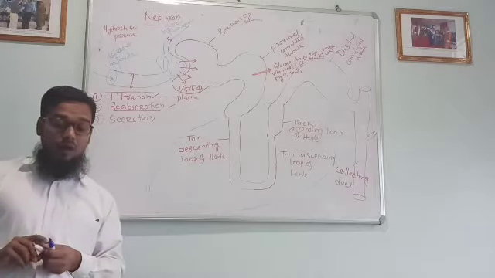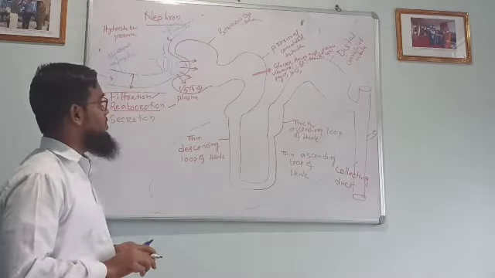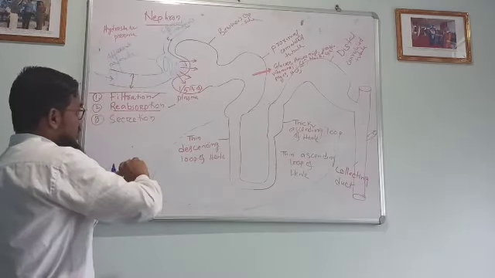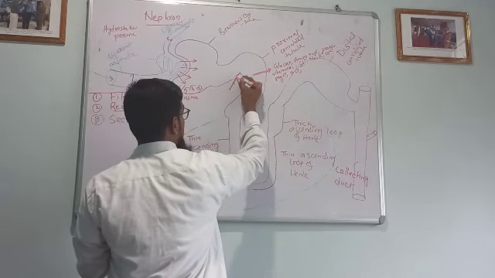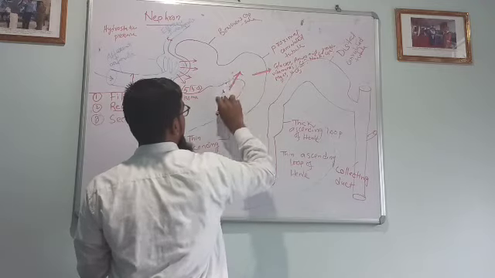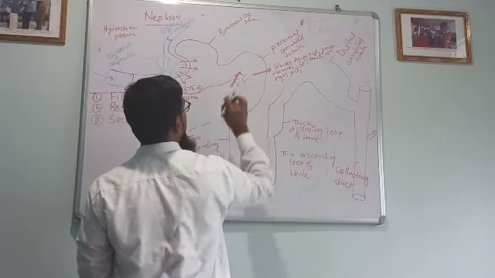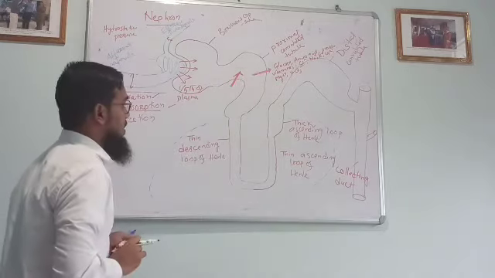Another term is secretion, which the proximal convoluted tubule does this way: it secretes from the blood into the proximal convoluted tubule.